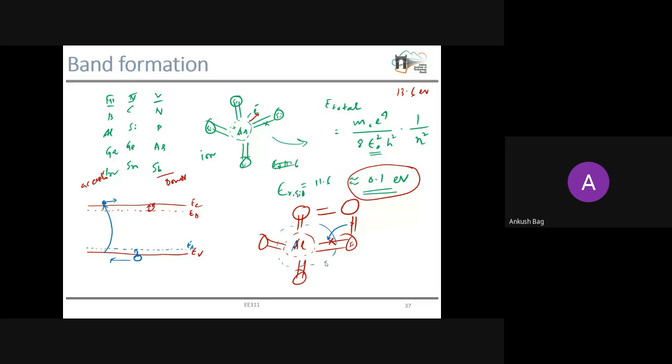Then we get holes as the majority carrier. At the same time, we also get a negatively charged ion.